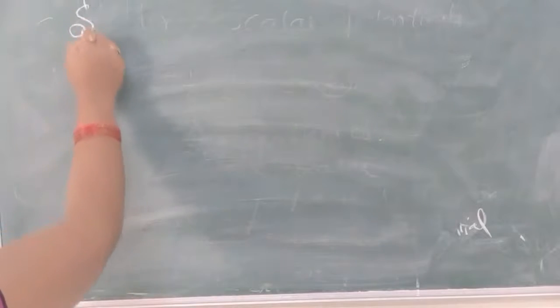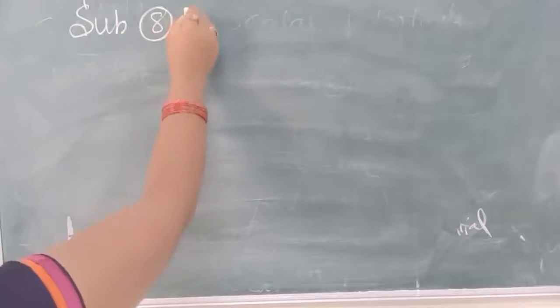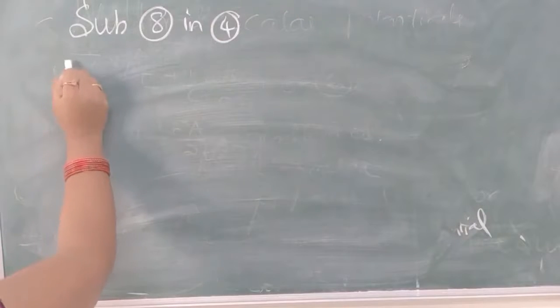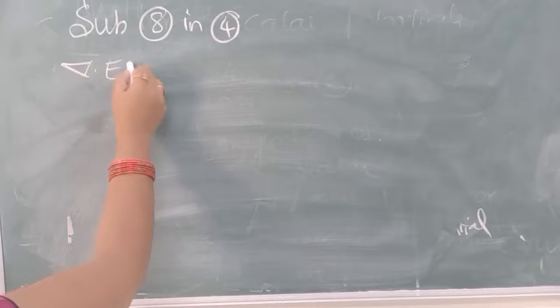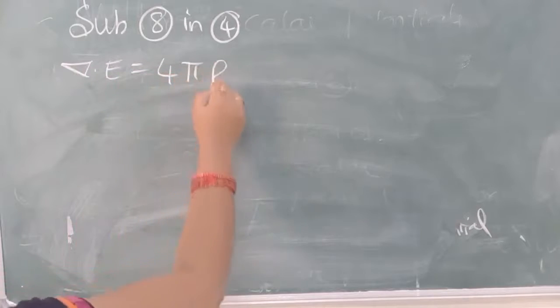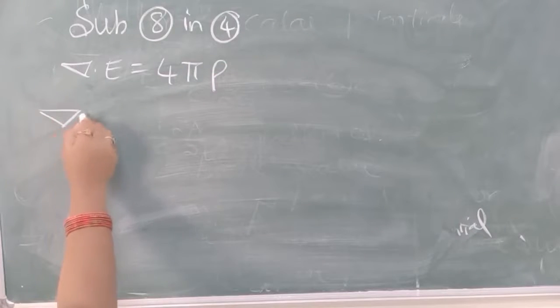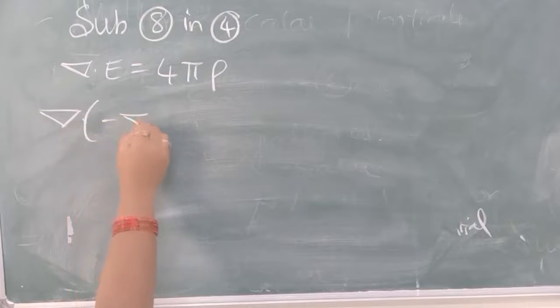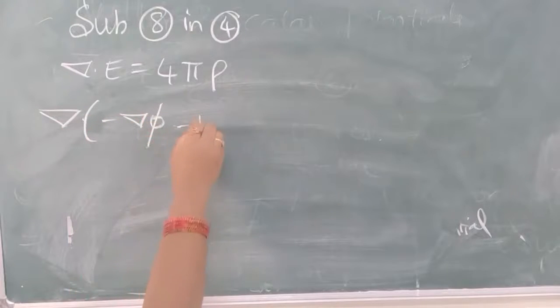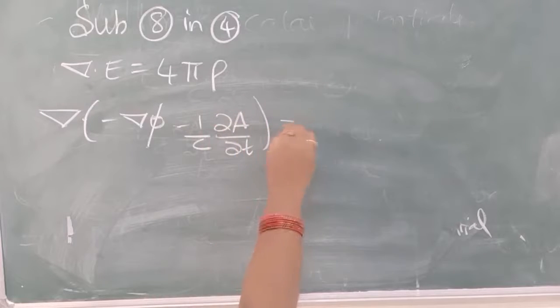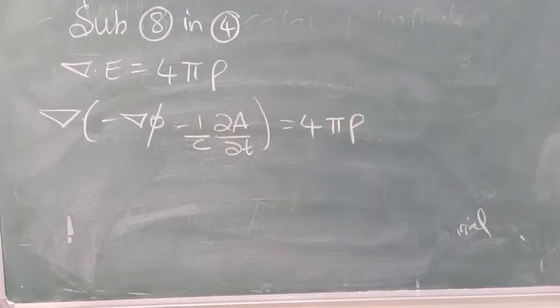Now substituting 8 in 4. What is equation 4? Del dot E is equal to 4 pi rho. We know the value of E now from 8, so substitute that. Del dot of minus del phi minus 1 by c dou A by dou t is equal to 4 pi rho.